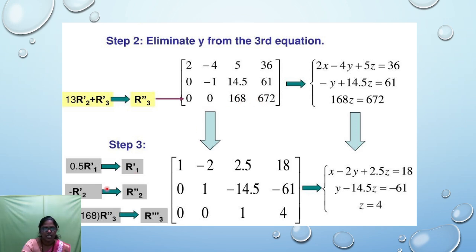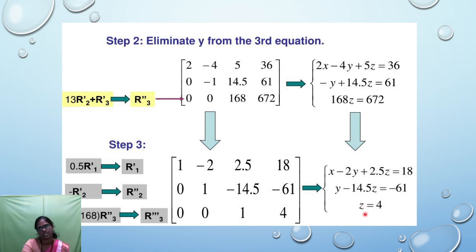Okay, so we divide this row by 168, so we reduce the coefficient of z. So we get 1. 168 divided by 168 gives 1. 672 divided by 168 gives 4. Okay, so z equals 4. We get the value of z.